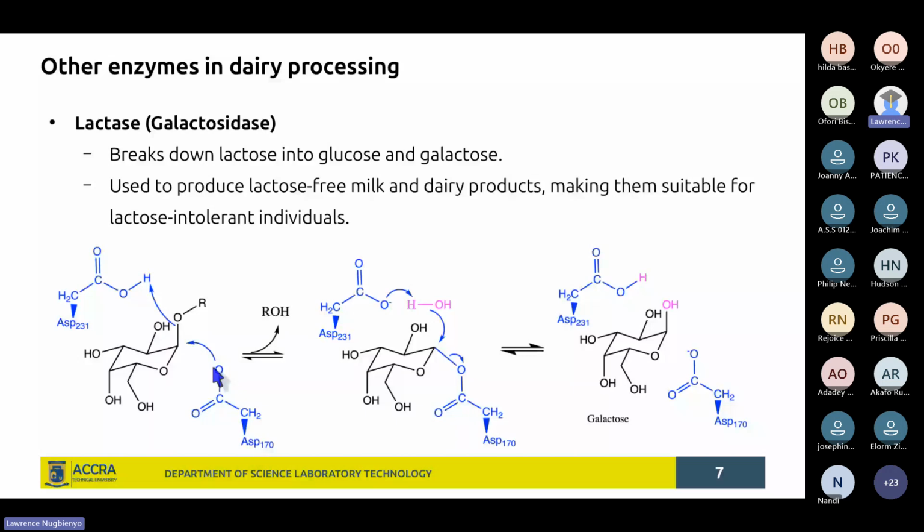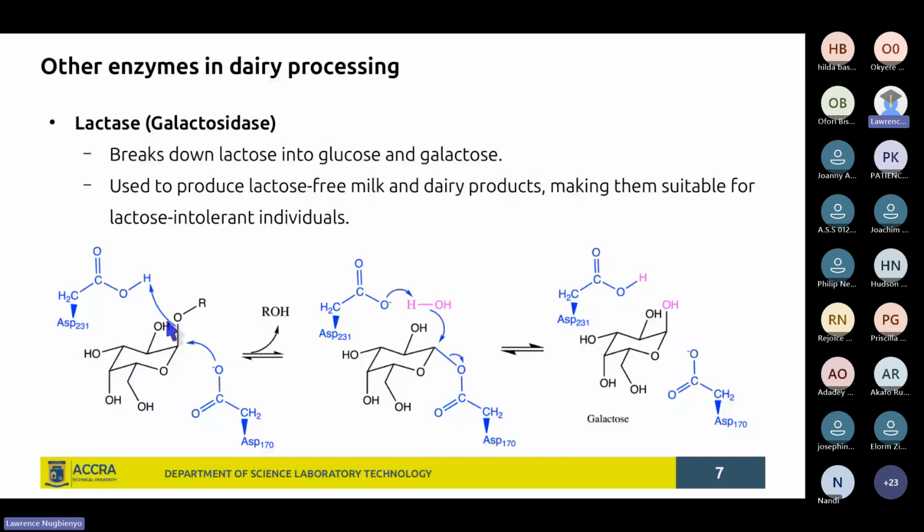You see that the aspartic acid at the 170th position, first of all, has a nucleophilic attack on the glycosidic bond between glucose and the other side, which can be some other sugar, maybe glucose, whilst the monosaccharide being shown fully is galactose.